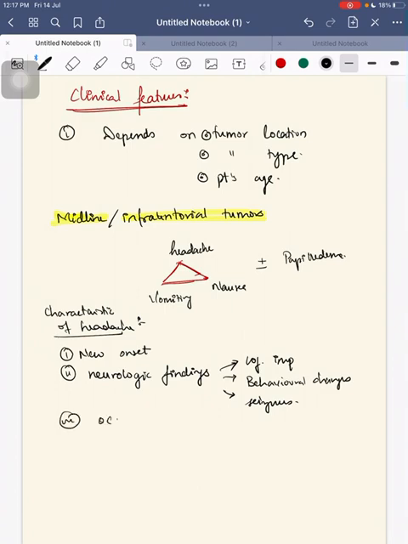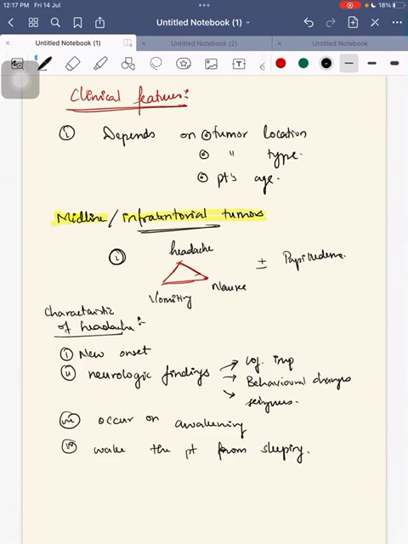Third, it can occur on awakening, or it can wake the patient up from sleep. These are the characteristics of the headache in a child with a brain tumor.